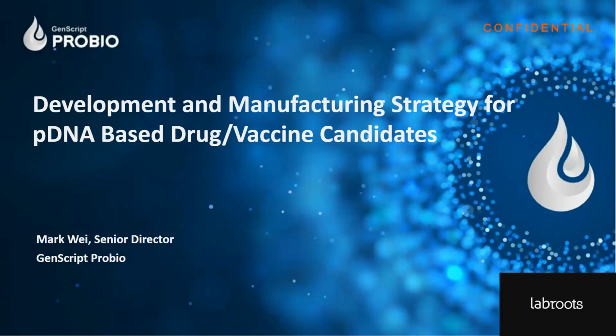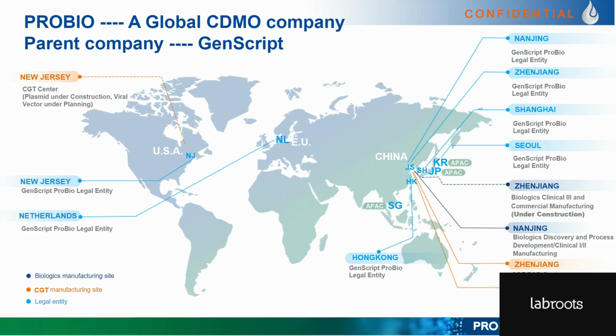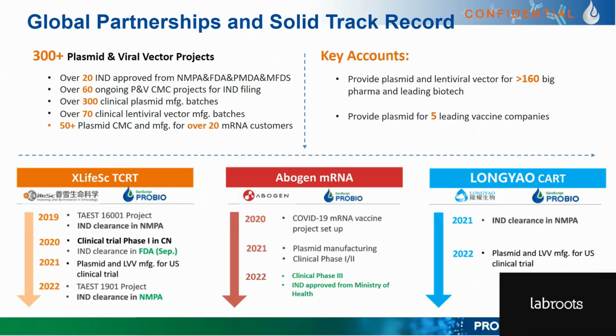Hello, everyone. Today we're going to present the development and manufacturing strategy for pDNA-based drug vaccine candidates. Before we start, I would like to introduce our company. We are PROBIO, a global CDMO company nurtured by GenScript. Our manufacturing and sales footprint expands across China, Korea, Japan, the EU, and the US market.